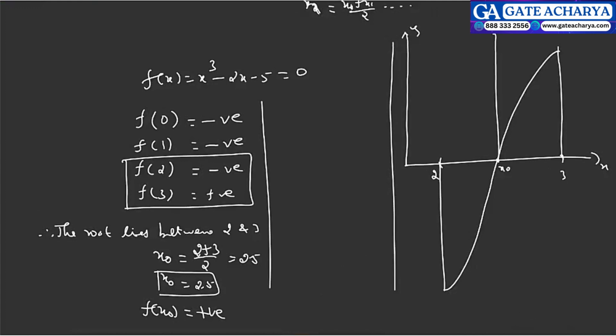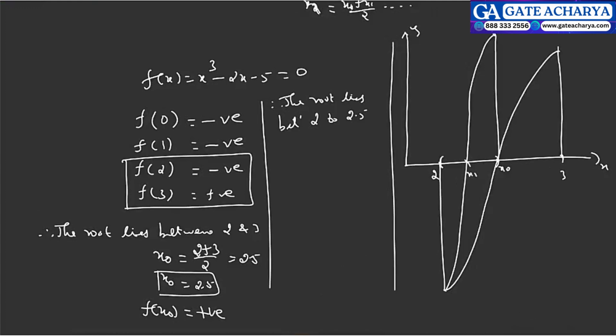Then by the intermediate value theorem, what's the root? Therefore, the root lies between 2 and x0. The x0 value is 2.5, so between 2 and 2.5. Now the function curve is between these two. Here, this point is our x1. Up to this level, we applied the intermediate value theorem.